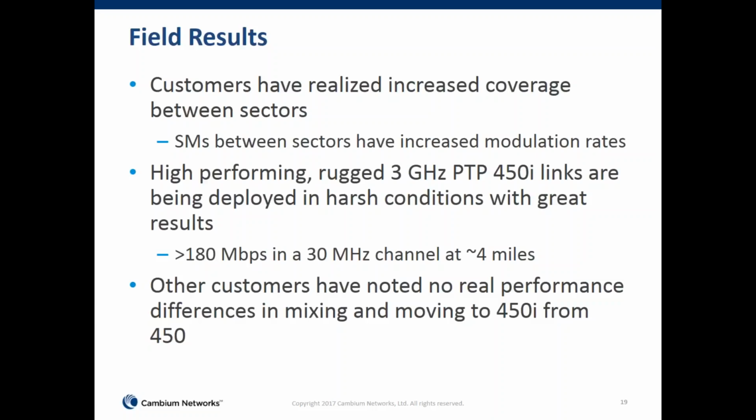And it's really the only one that I know of that's available in 3 gigahertz. So we have 3 gigahertz PTP 450i available now for purchase as well. And we're having some customers with great results. Again, over 180 megabits in this PTP link in a 30 meg channel at around 4 miles apart. That's a pretty impressive number for a link that costs under $1,000 an end.